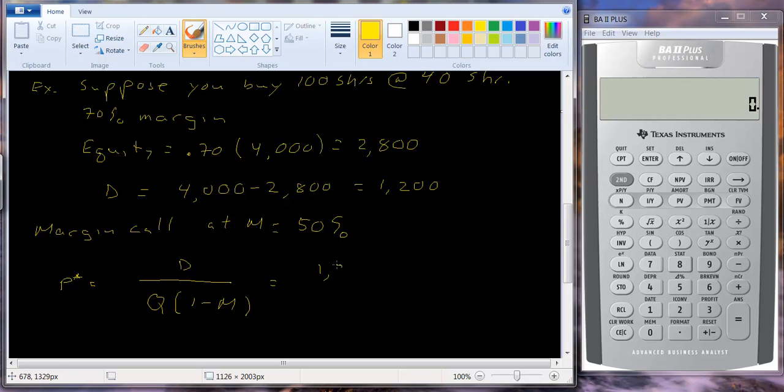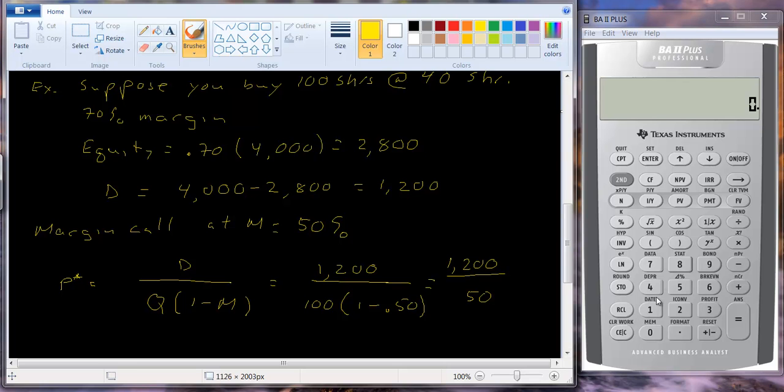We have a $1,200 balance. We have 100 shares of stock. And we said you're going to get a margin call at 50%. So we're going to have 1,200 over 100 times 50%.